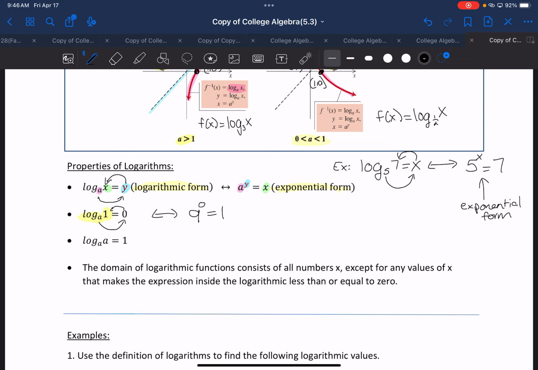So an example would be log base 4 of 1, which is equal to 0. Log base x of 1 is also equal to 0. As long as 1 is inside that log function, it'll be equal to 0.